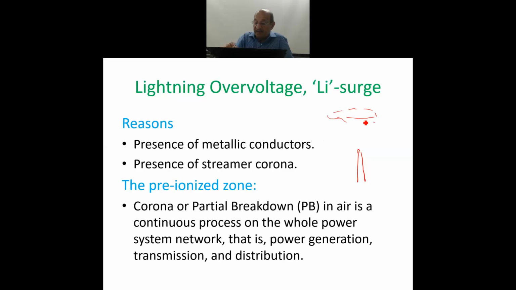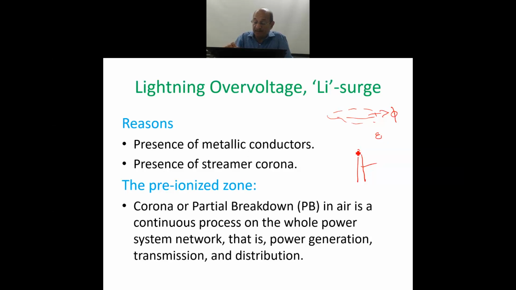and they have very high potential because of the charge accumulation there. They induce some potential at the tip of the conductor metal, but in the dielectric, this is the dielectric, air is the dielectric.